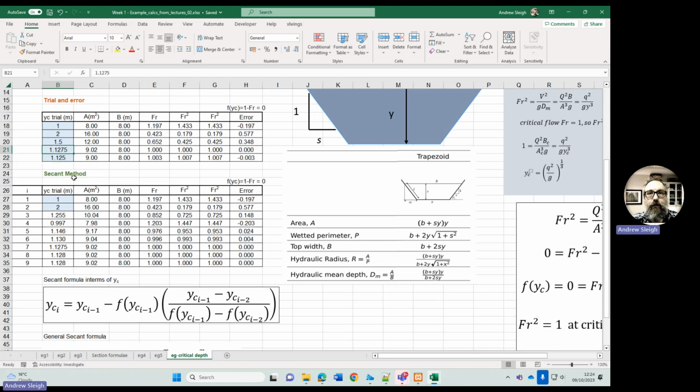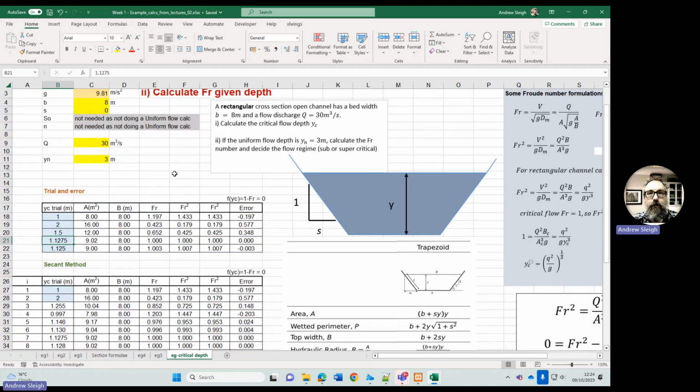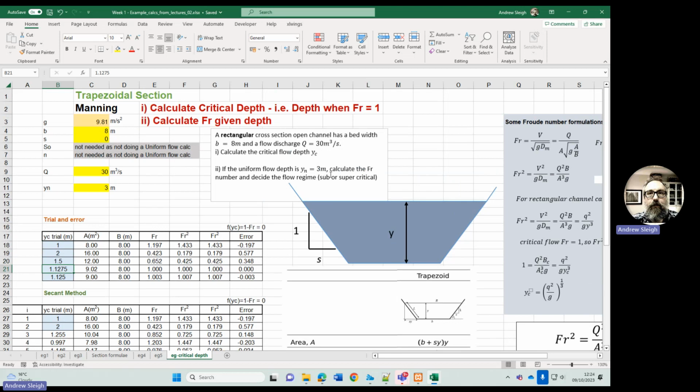Now I've typed it in that second last value because the question asks if uniform flow depth or normal depth is 3 meters, what's the Froude number? So we've got a 3 here. I can put in 3 here. Just going to call it that to show that it's slightly different. And the Froude number it is giving us is 0.23.